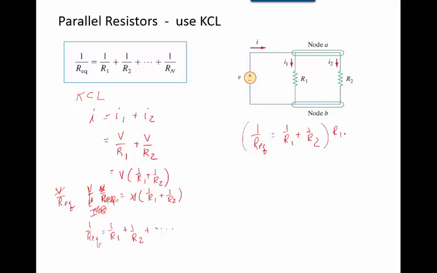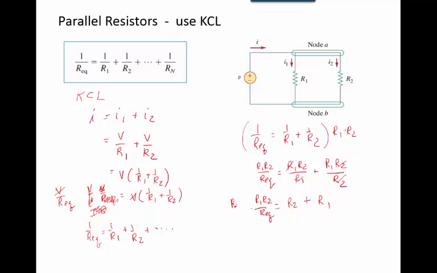Multiply everything times R1 times R2 and do the algebra, continuing to rearrange the terms. Cancel, cancel. R2 plus cancel, cancel. R1.